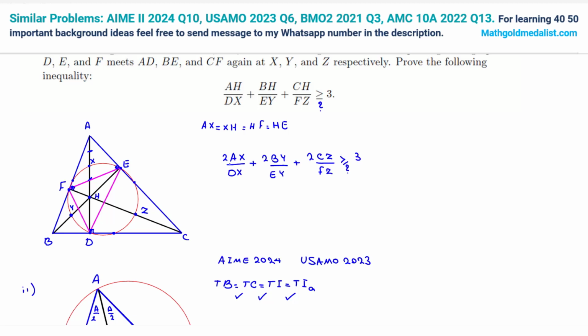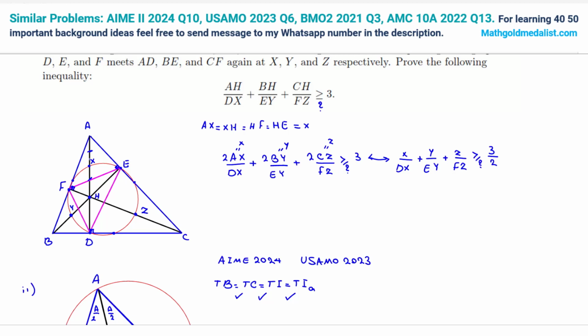Now I said AX is equal to XH, HF, HE. Let's consider this value, which is related to A. I can say it is equal to, for example, X. Let's call this one X, this one Y, this one Z. So if we divide both sides by 2, x over DX plus y over EY plus z over FZ is greater than or equal to 3 over 2.